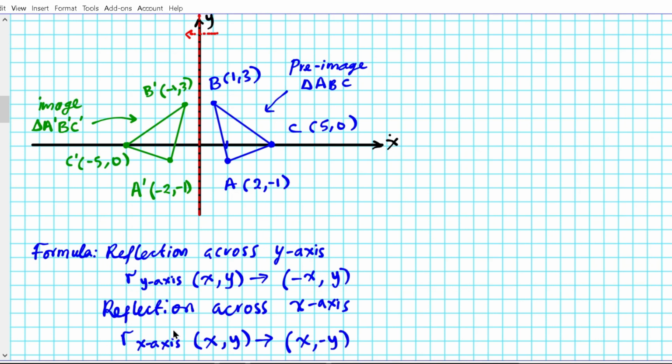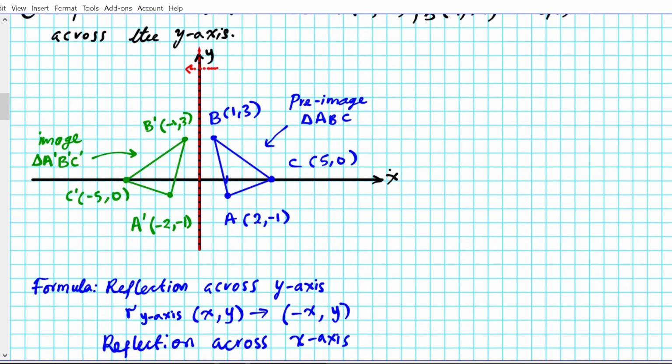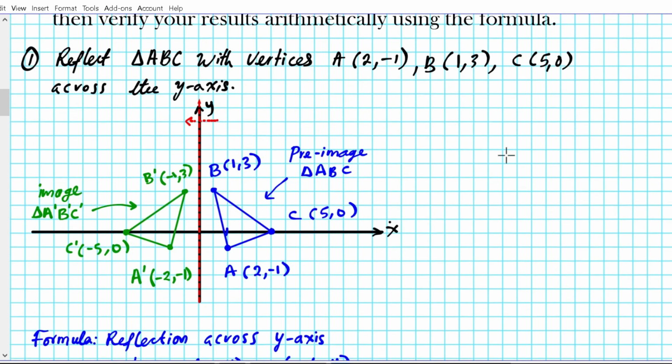Alrighty, so this is how we're going to verify the accuracy of our answers. We're just going to make a table of values and then apply our transformation formulas to the vertices of our pre-image and see if the answers we get match the vertices of our image under our graphical reflection. So we start with (x, y).